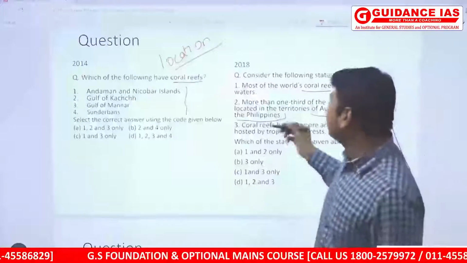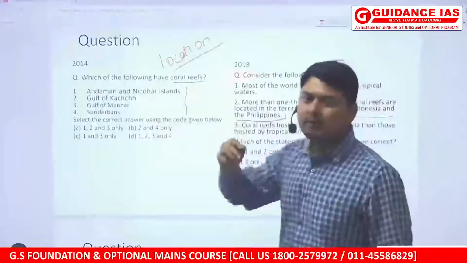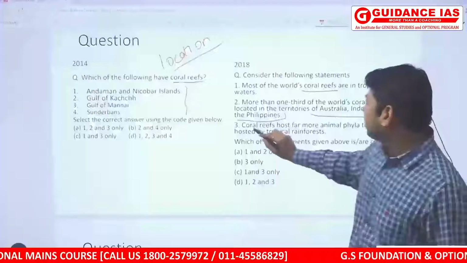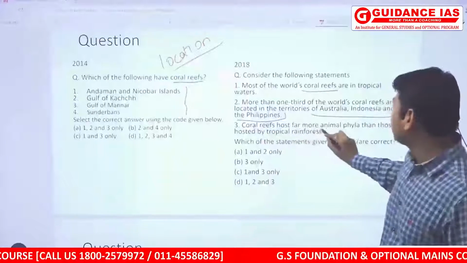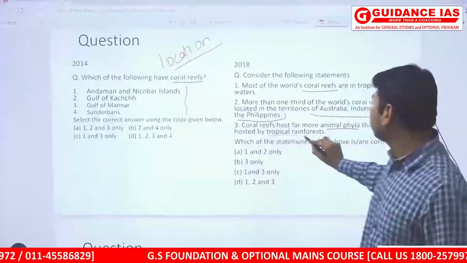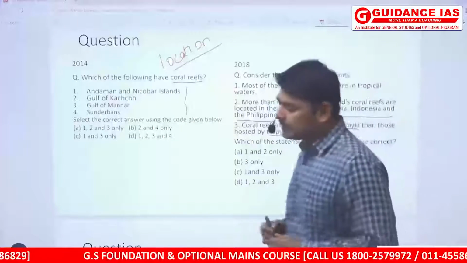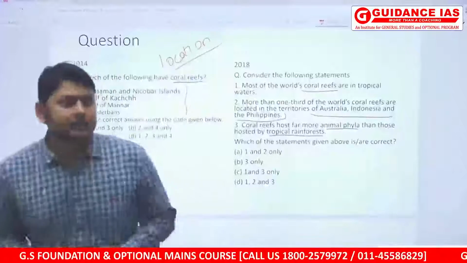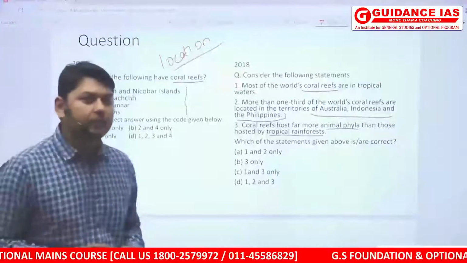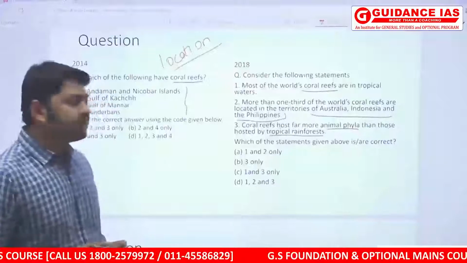In 2018, UPSC has gone one step further, and has asked whether coral reefs host far more animal phyla than those hosted by tropical rainforests. This is a question that goes beyond, and needs some very basic knowledge about coral reefs and tropical rainforests.